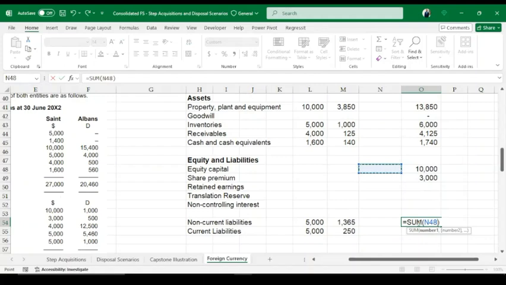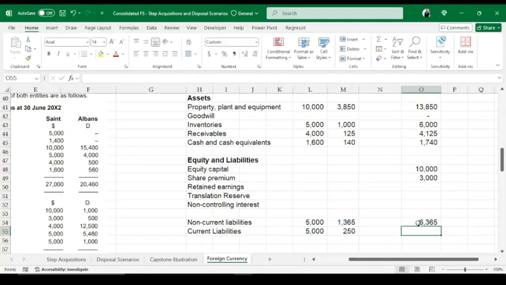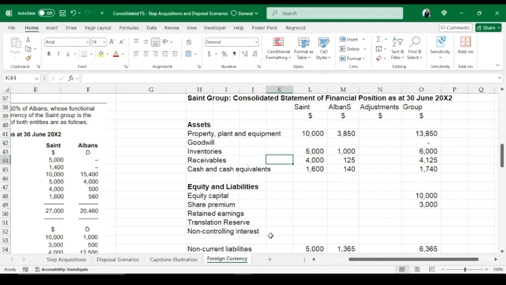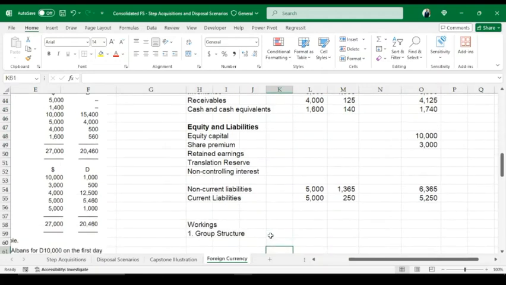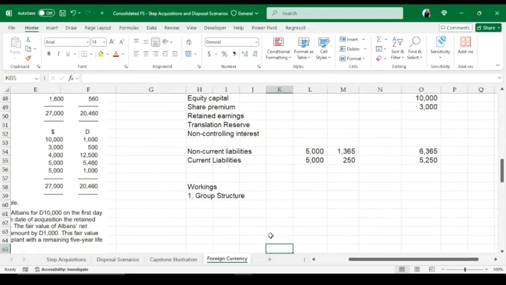This is supposed to be added horizontally, and then I can copy the formula and paste it down. So we've got our pro forma set up, so we can go ahead and do the various calculations, make the adjustments and get our final consolidated financial position.